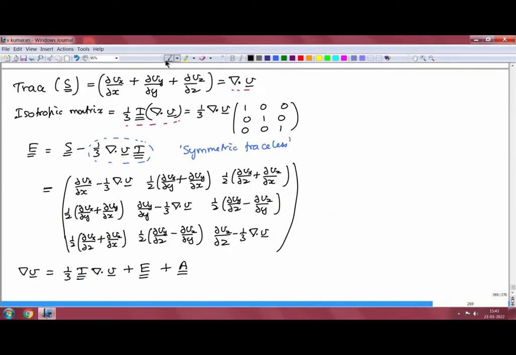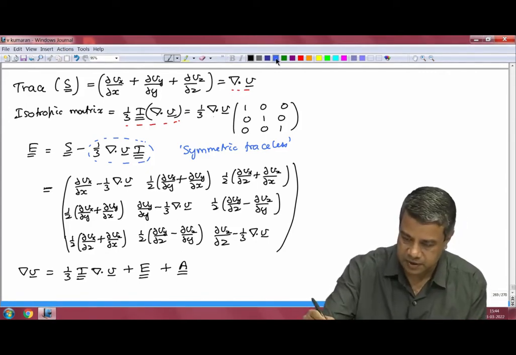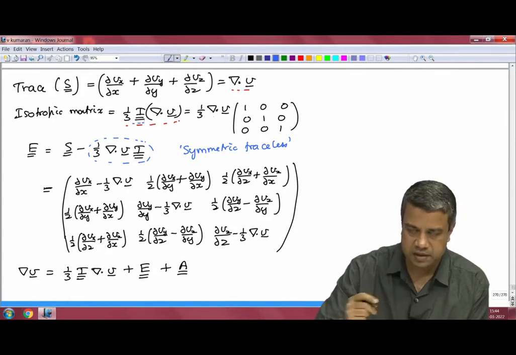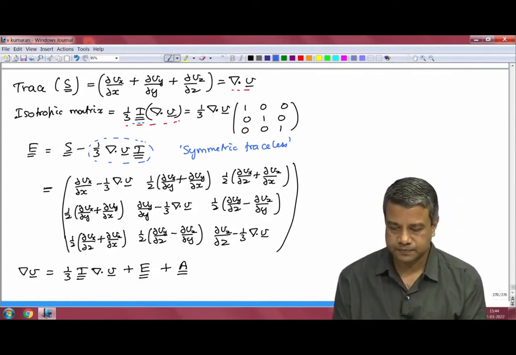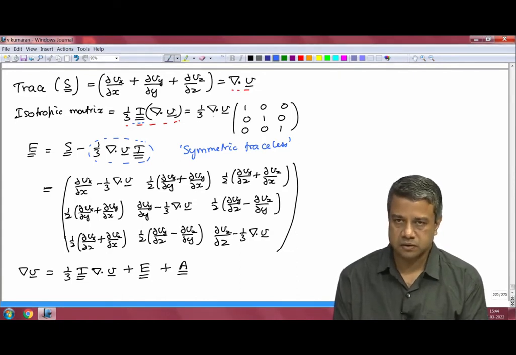The trace of this matrix was defined as the sum of the diagonal elements of that matrix. That we saw was equal to the divergence of the velocity. So, I can define an isotropic matrix which is proportional to the identity matrix here, whose trace is also equal to the divergence of the velocity.